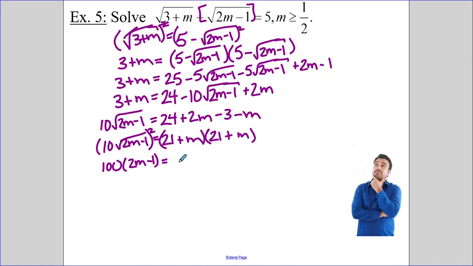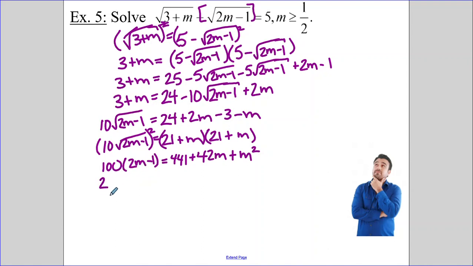Equals 21 squared. Now, this is going to give me 441 plus, and then 21 times m and 21 times m is 42m plus m squared. Okay, and just FOIL that part out. Now I'm going to expand this bracket.